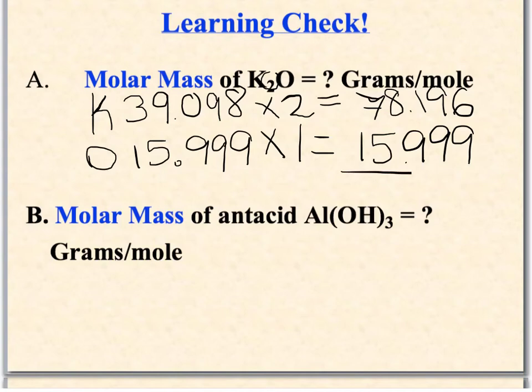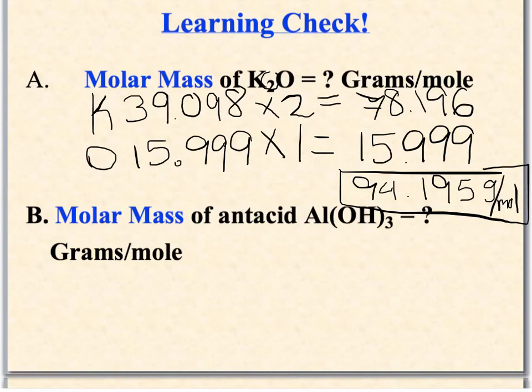Okay, last step is to add those together. So when you add those together, final answer should be 94.195, and the unit we always use is grams per mole. So you can just write it grams over mole. Okay, and that'd be your answer there.